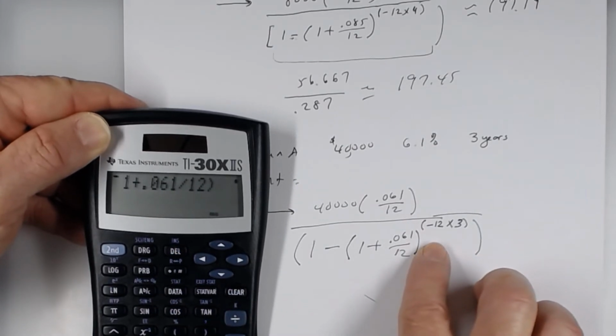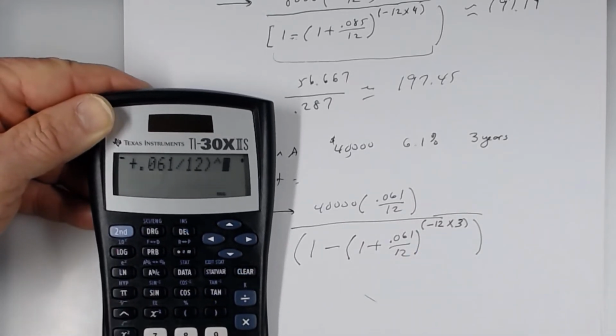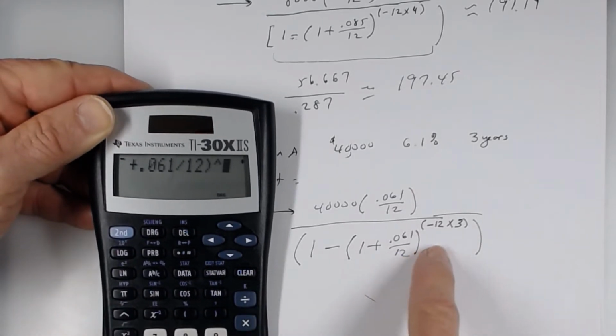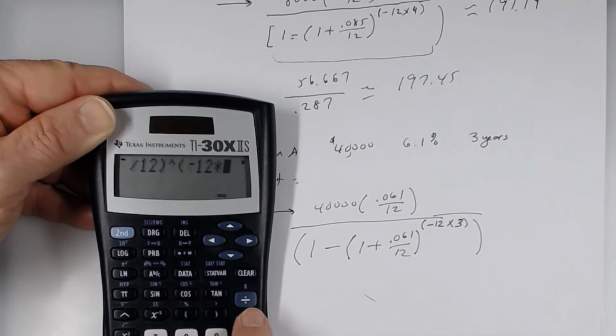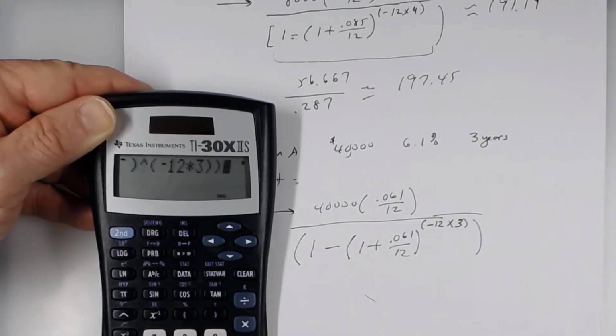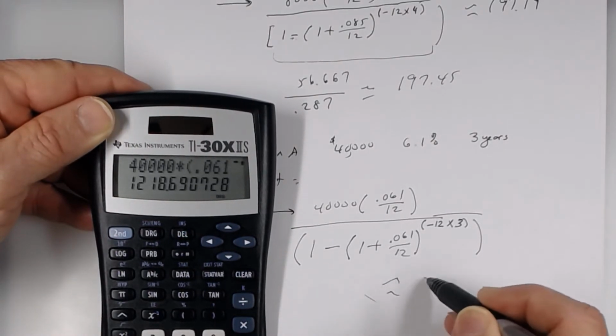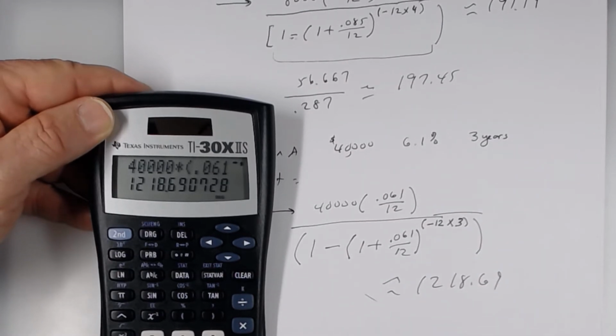Now I got to deal with the exponent, so I go to my exponent function right here. Then parentheses negative 12 times 3, close that exponent, and then close the denominator. So like 2 parentheses in a row. And you get $1,218.69. So that's your monthly payment.